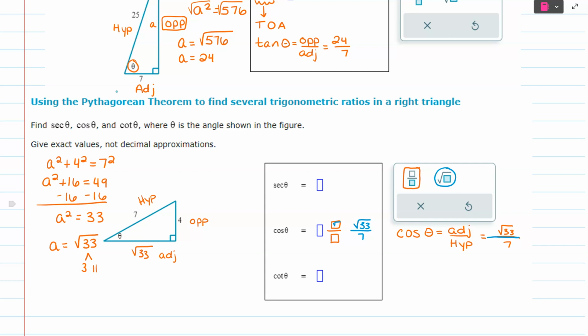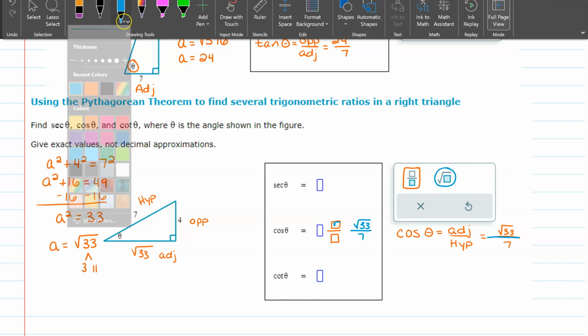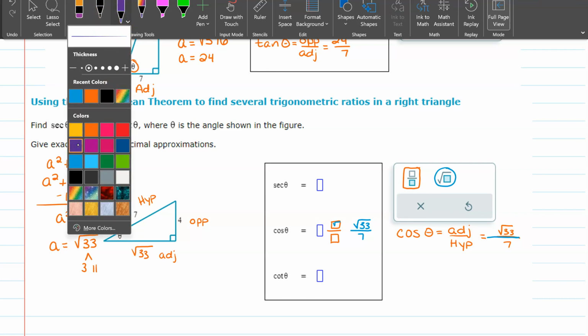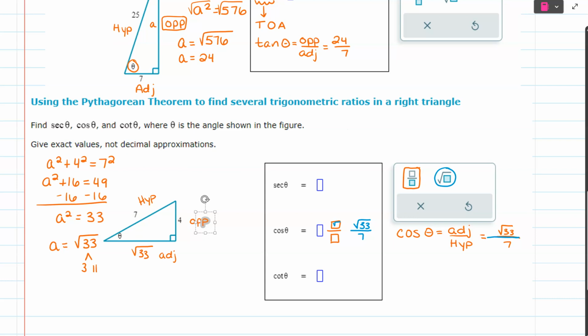Now I've got these weird ones, right? I know SOHCAHTOA, sine is opposite over hypotenuse, and then cosine is adjacent over hypotenuse, and TOA, tangent, is opposite over adjacent. But now I've got secant and cotangent. So it's really important to remember just the most basic relationships here.